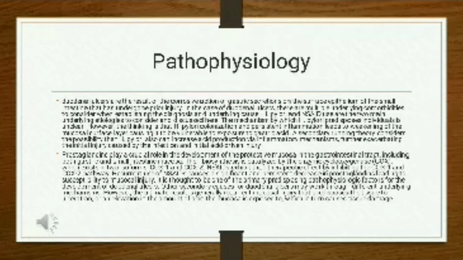Recurrent use of NSAIDs causes a significant and persistent decrease in prostaglandins, leading to susceptibility to mucosal injury. It is thought to be one of the primary predisposing pathophysiologic factors for the development of duodenal ulcers. Other secondary causes for duodenal ulcers may work through different underlying mechanisms. However, the ultimate result is generally recurrent mucosal injury that predisposes the tissue to ulceration, or an elevation in the amount of acid the mucosa is exposed to, which in turn causes tissue damage.